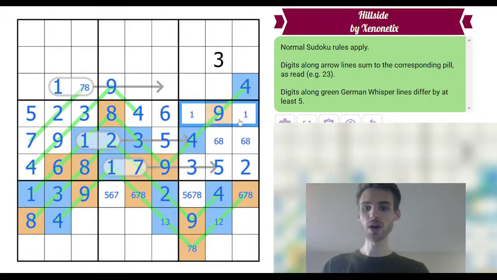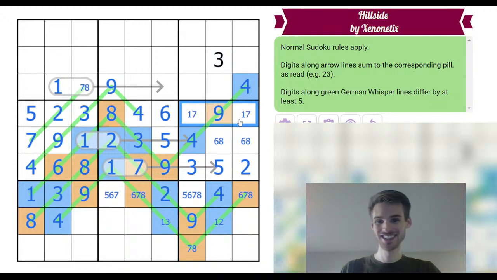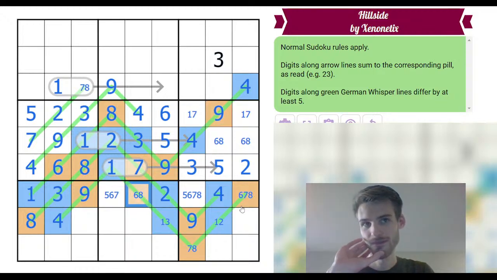And these two are 1 and 7. That's not a 7. Yeah, I figured it was known, but I... okay, so it can't have a 4 in it.